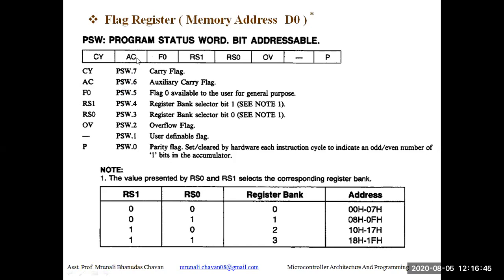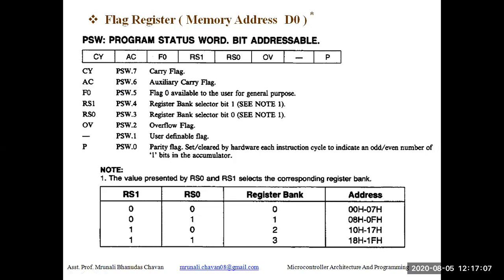Next one is AC, that is auxiliary carry flag. Auxiliary carry flag memory address is PSW.6 and it sets whenever there is a carry generated from a lower nibble to upper nibble.